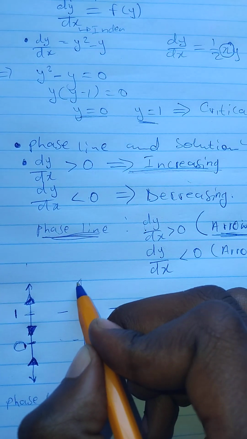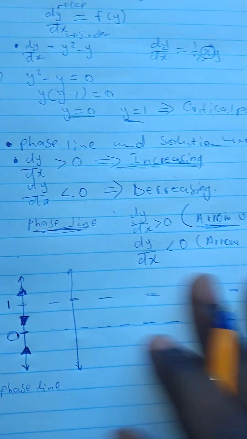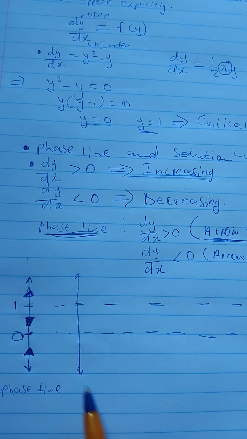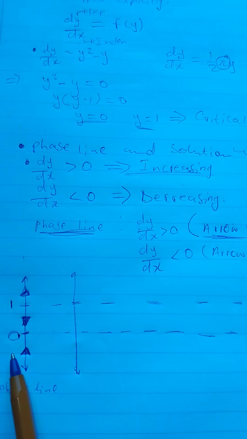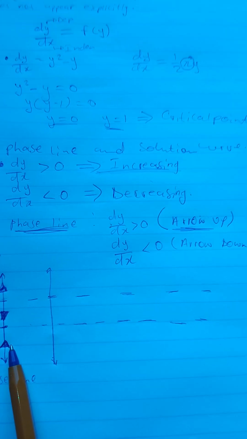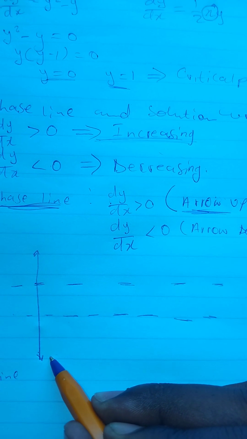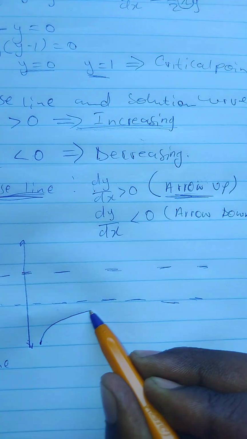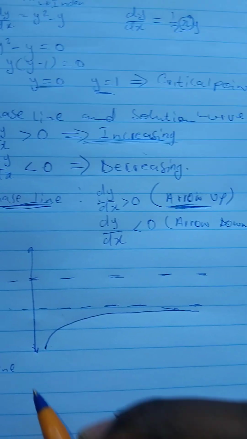Yeah, so this is gonna be now my solution curve that I'm gonna draw here. I already know that here at the bottom we are having an increasing function. So for an increasing function, I want my slope to be positive. So I can roughly draw a graph that goes like that.